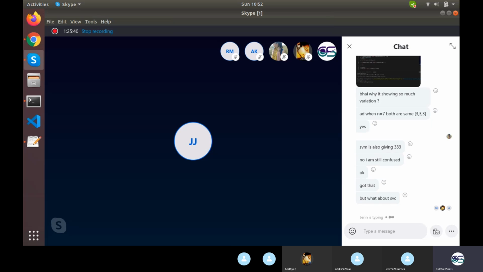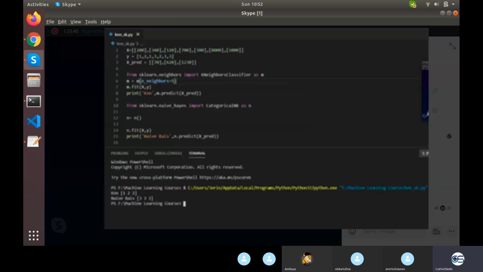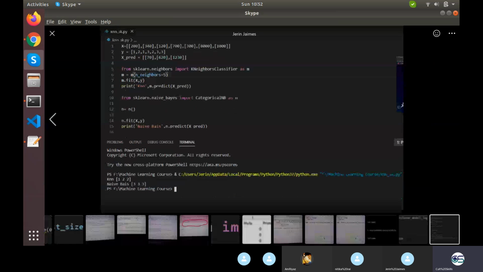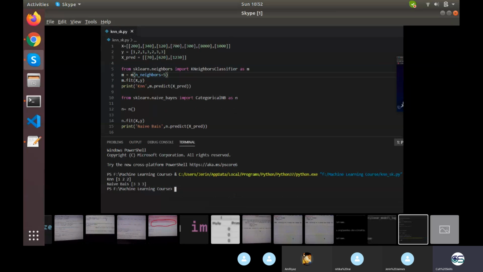What about SVC? Now what you have made into this part is, wait, let me just check the data again. 700, 8000 and 1000. And then another part is 200, 340. Yeah, again it's just overfitting for the third class, nothing else.